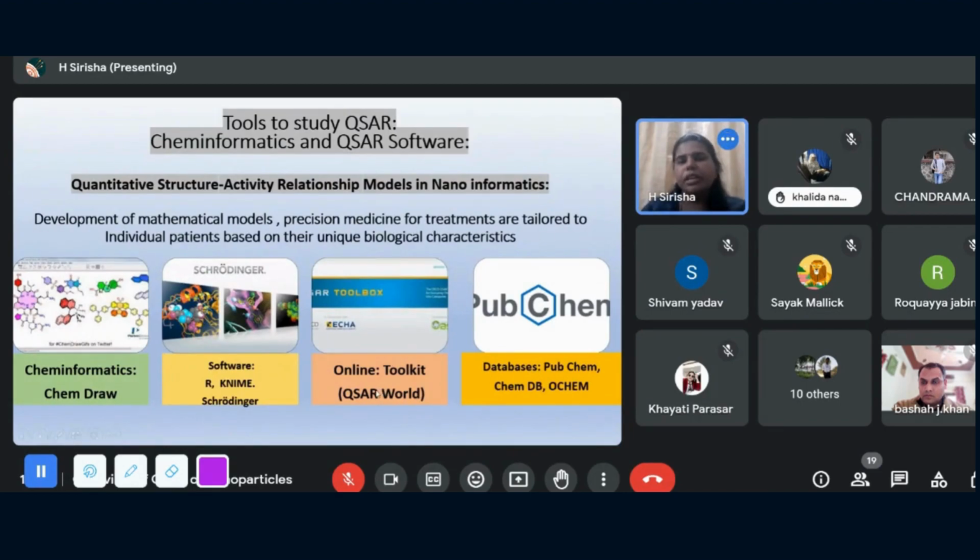Then there is the QSAR toolbox. This is also a part of modeling and cheminformatic tools. And there are different databases to find out the physicochemical properties of the chemical, such as the PubChem database.